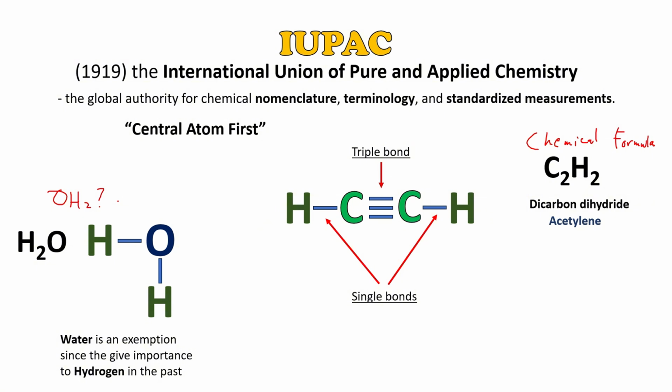So that is why we write H first, because at that time this was the element that was most important to them. We follow this until now, but for the other compounds, we follow whatever IUPAC tells us to follow.